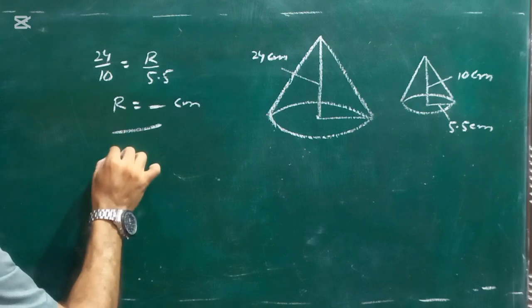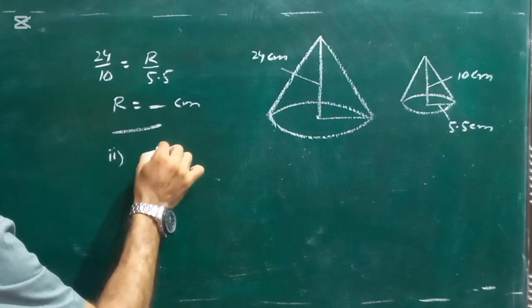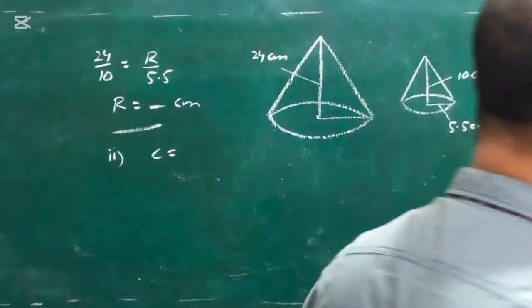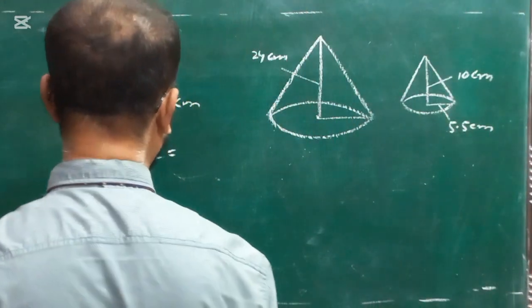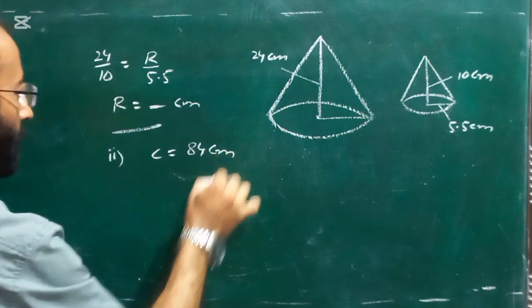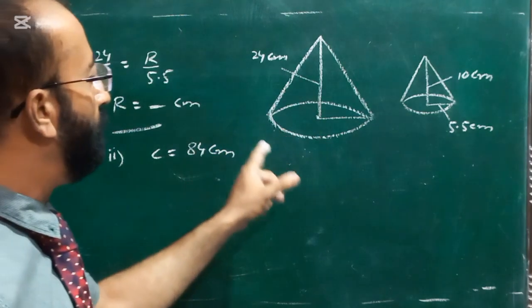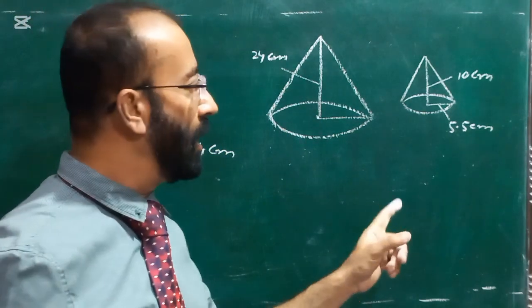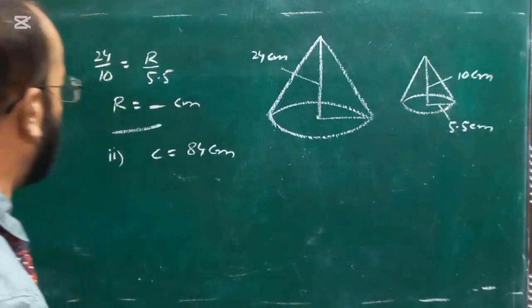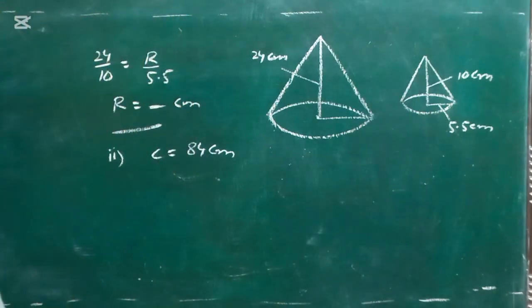Second part of the question is given that if the circumference of the bigger cone is 84 centimeter. So the circumference of the bigger cone is given and the requirement is to find the circumference of the smaller cone. So again look, the same pattern will be followed.